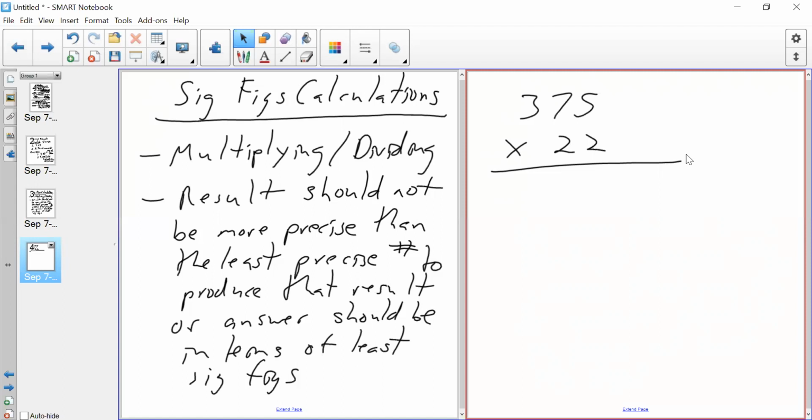Your calculator will say 8,250, but you want to make that into 2 sig figs. You can say 8.3 times 10 to the third.